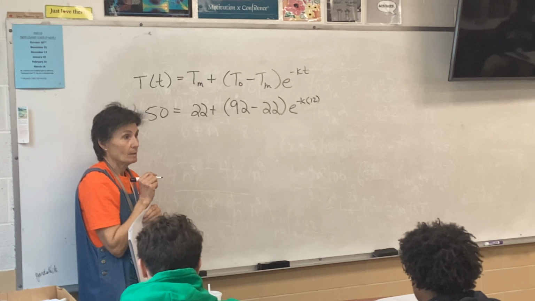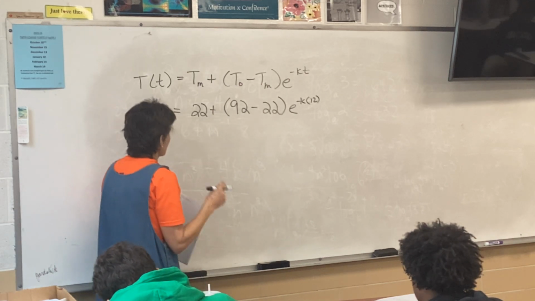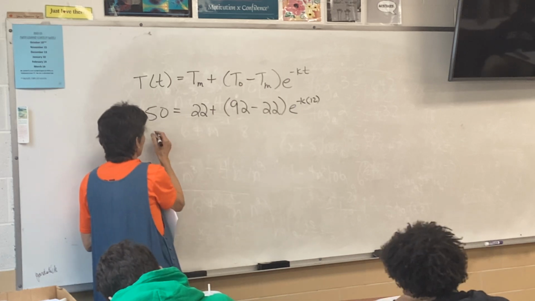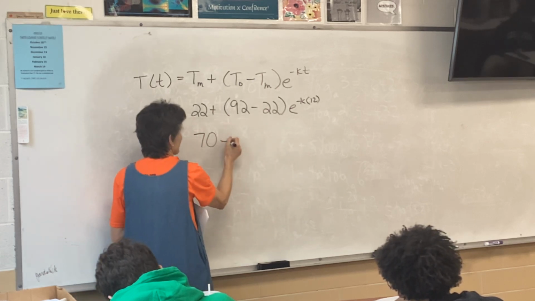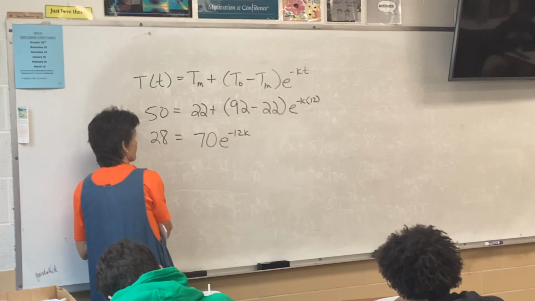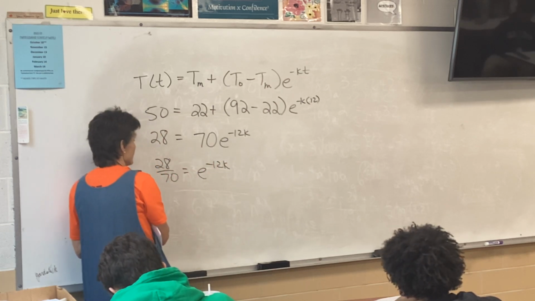right? So we can solve that for k. So we'll subtract 22, and what is that, 28? And we can subtract those and get 70. Now what do we do? Divide, so we have 28 over 70 equals e to the negative 12k.